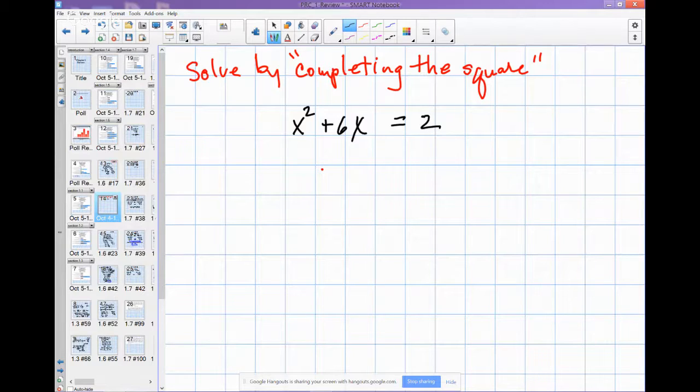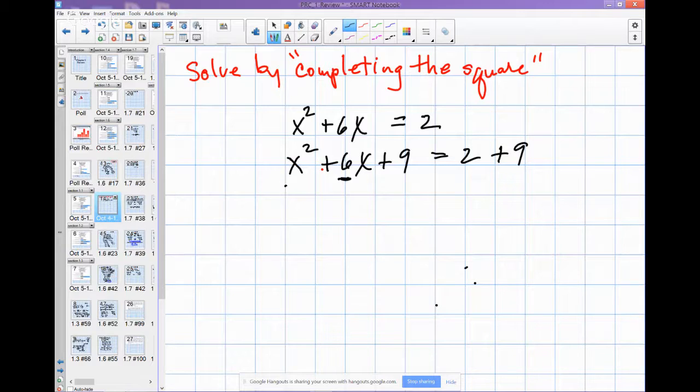Solve by completing the square. The first thing you want to do is make a little space on the left. Half of the b term, 6, is 3. And you want to square that. That's 9, on both sides. So we just completed the square on the left side.